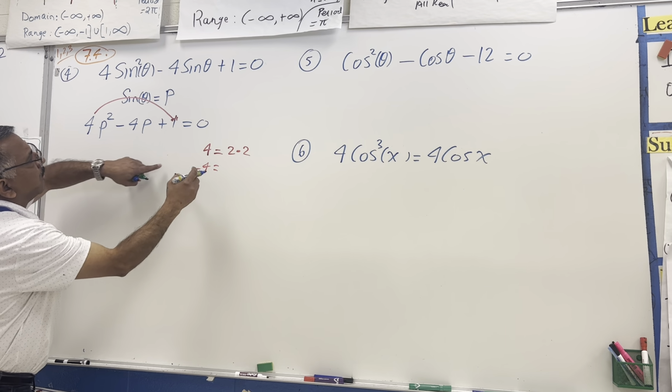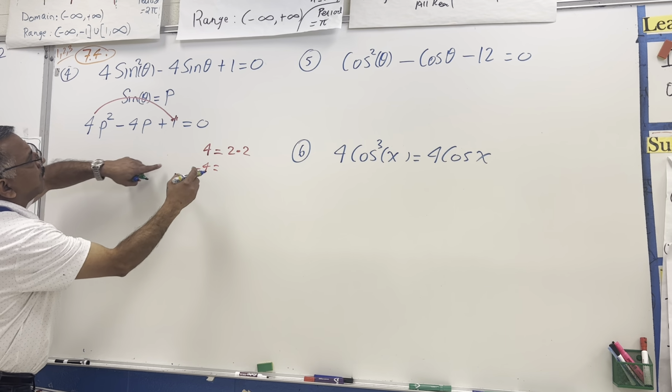Okay. So now, like what we did for problem number 3, let's do that now. This is positive, so you know where sine is positive. So I'll just put 2 places.